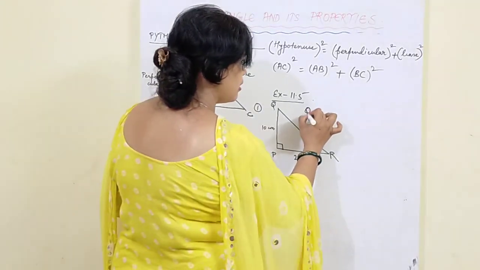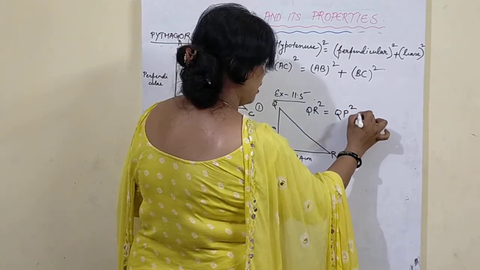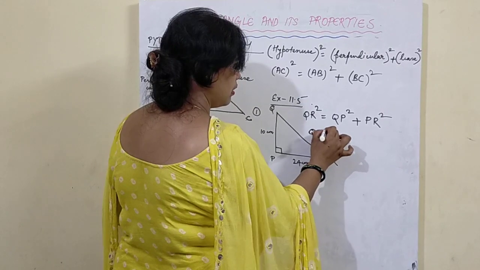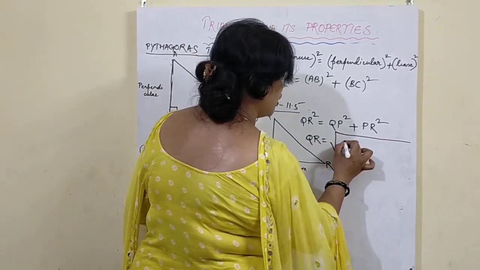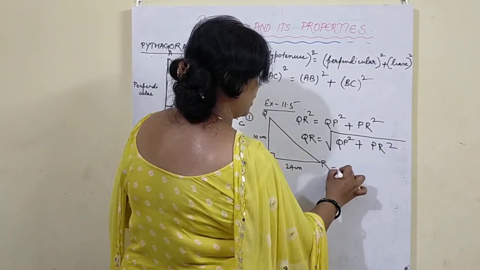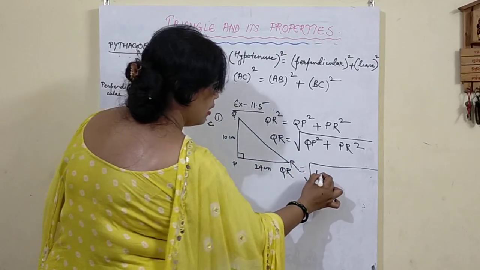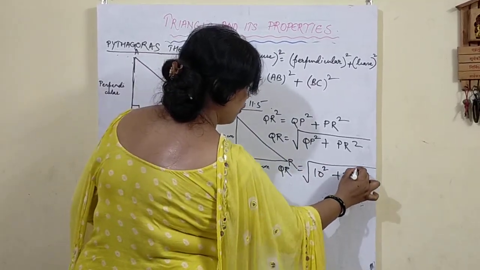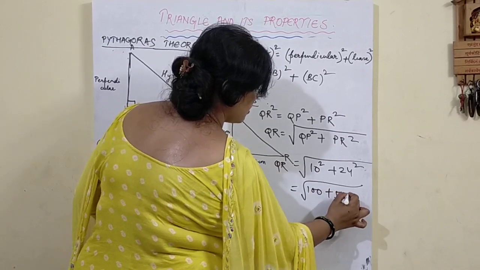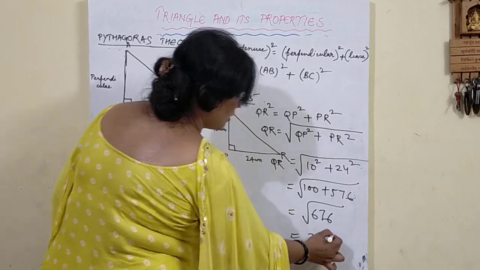You will write QR square is equal to QP square plus PR square, or QR is equal to root under QP square plus PR square. QR is equal to root under 10 square plus 24 square, so 100 plus 576, root under 676, that is equal to 26 centimeter.